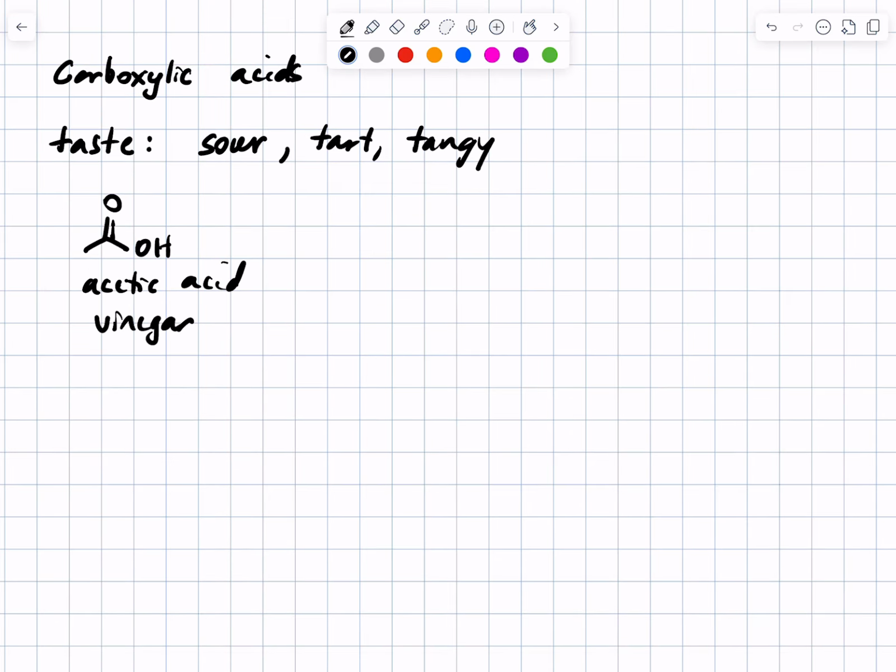Another carboxylic acid that's found frequently in fruit, particularly citrus fruit, is citric acid. No surprise at the name there. I don't want you to memorize the structure of citric acid. I'll make you do that in 352, but not today.